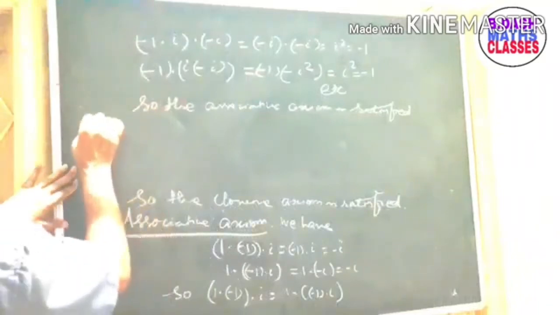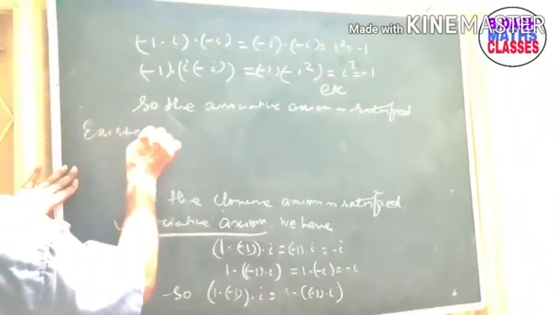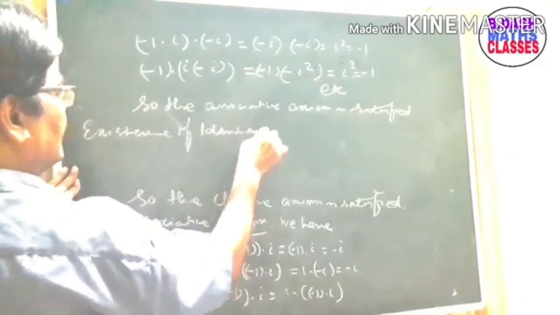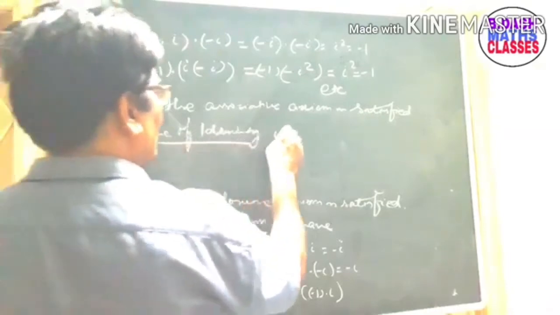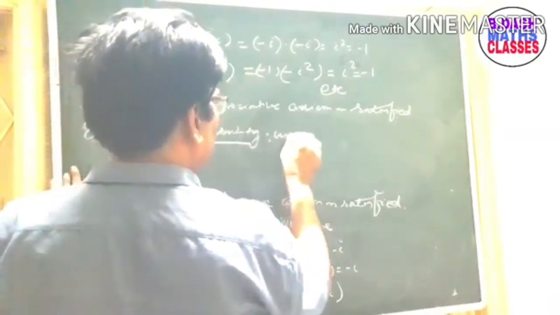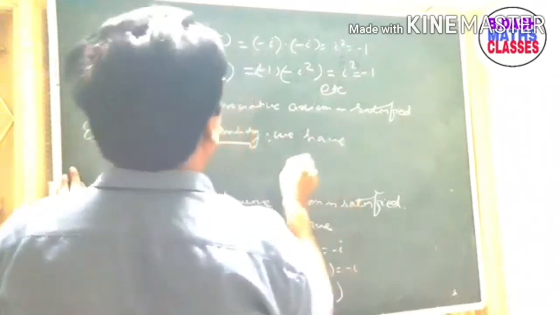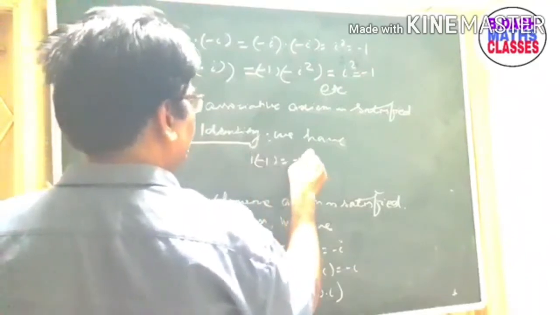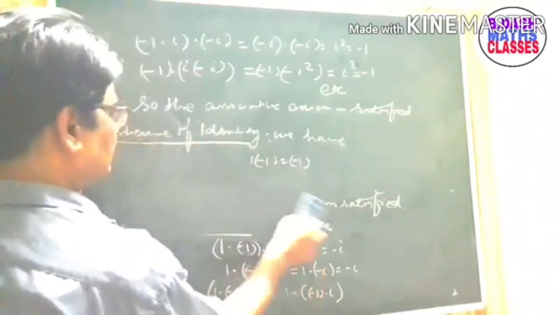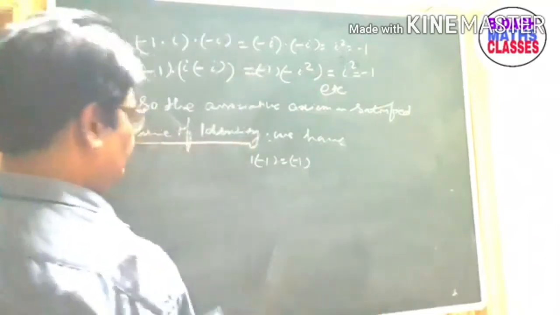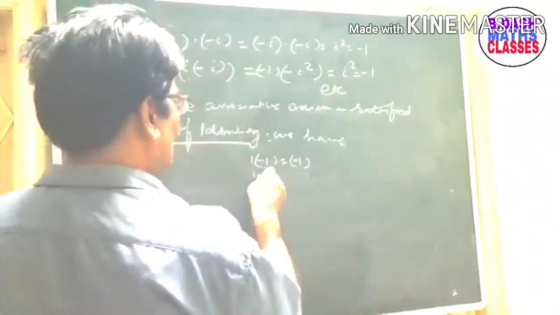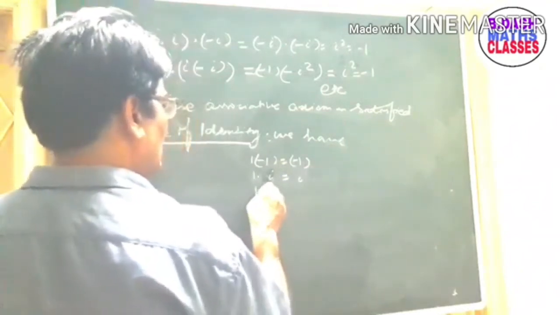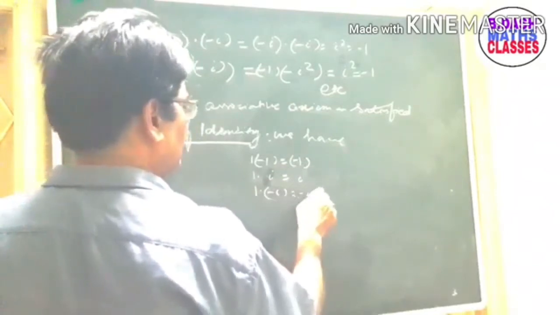Next, the existence of identity. We have 1 × -1 = -1. 1 × i = i. 1 × -i = -i.